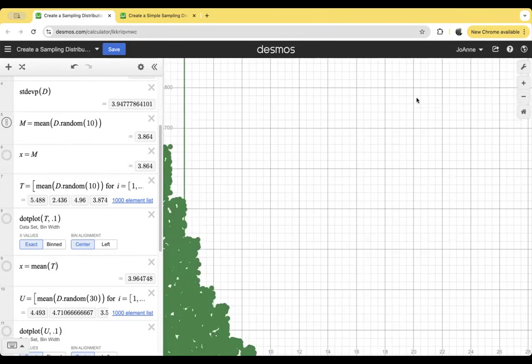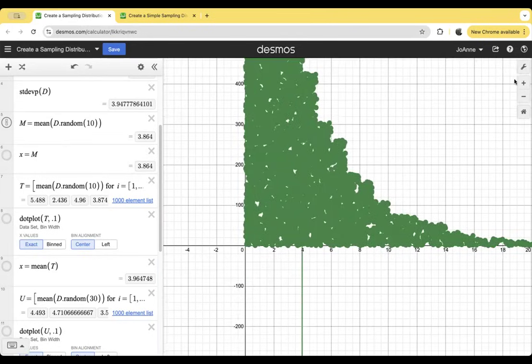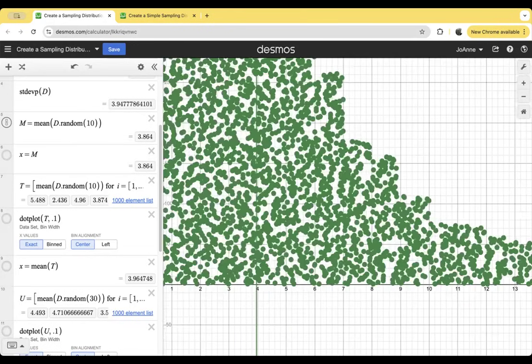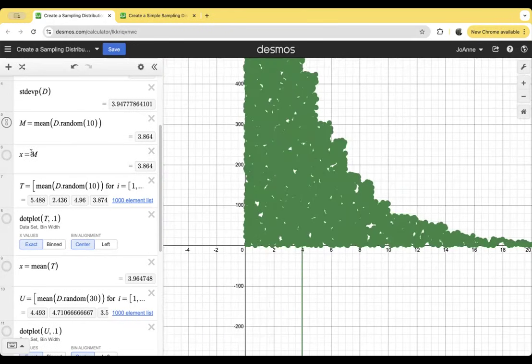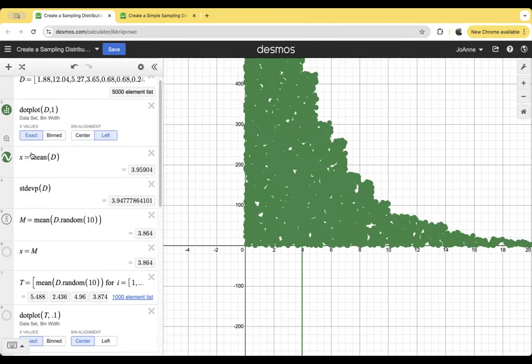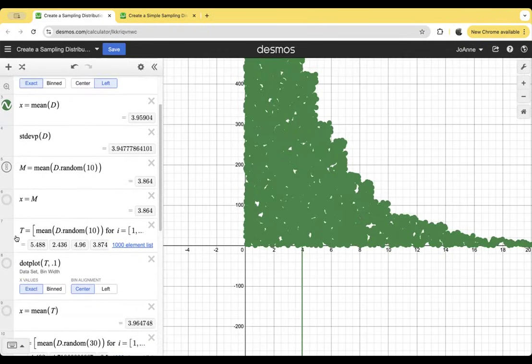Okay, so if I were to do those samples of size 10, I wanted to just do this before changing the sample size. I want to keep the sample size 10, but I want to do it 1,000 times. So instead of just one sample of size 10 and looking at that single sample mean, which is what I was doing here before, let's take 1,000 samples of size 10 and plot the sample means.